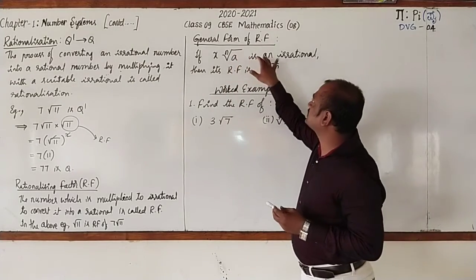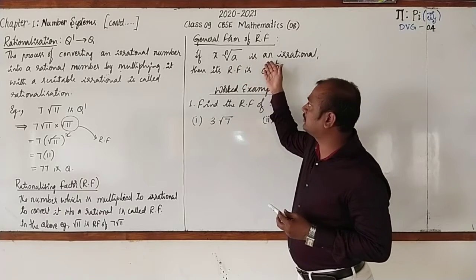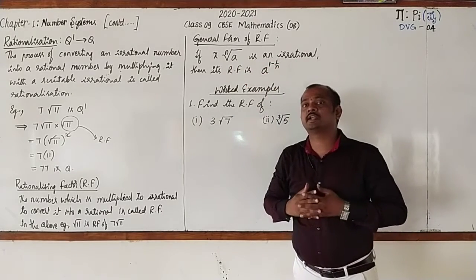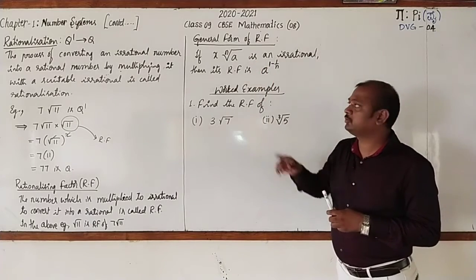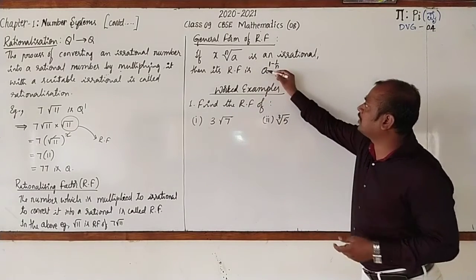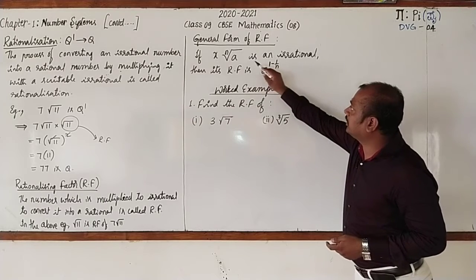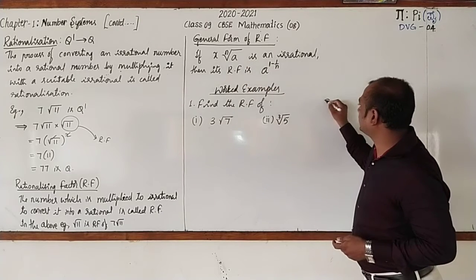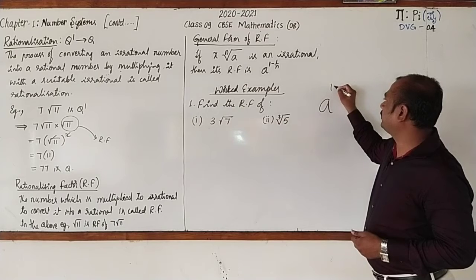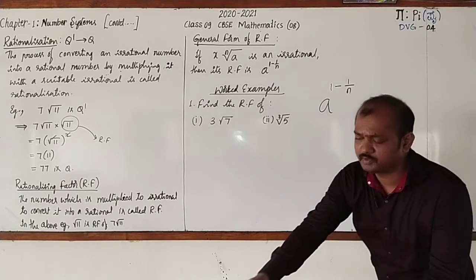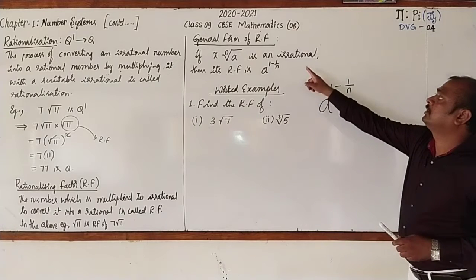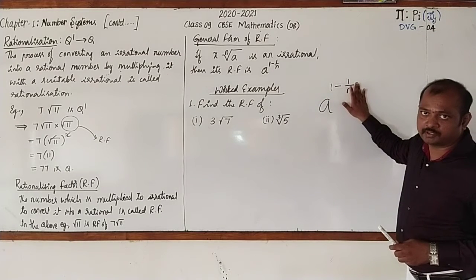If that surd is there, which is an irrational number, then what about its rationalizing factor? Here, the rationalizing factor can be found out by using this: that is order, and this is radicand. Radicand a raised to the power 1 minus 1 by order. This is the simple method of finding rationalizing factor.